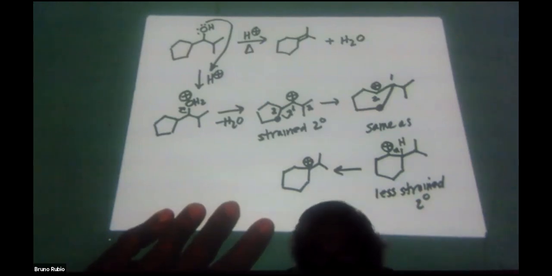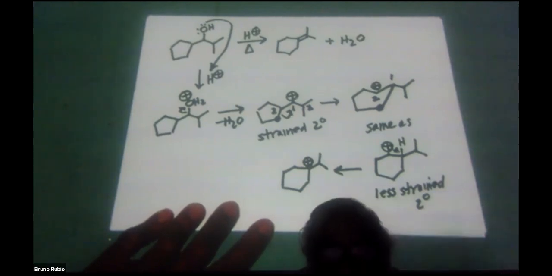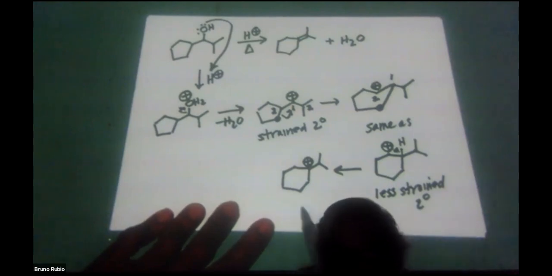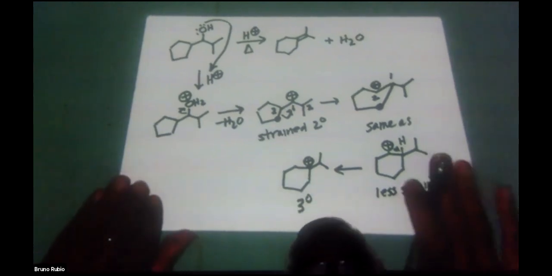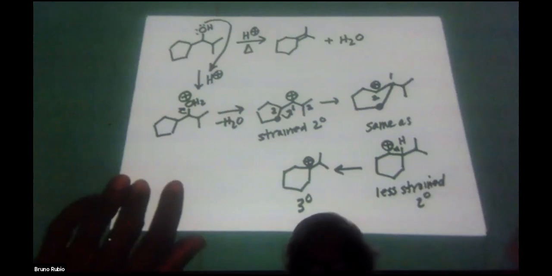So this is yet another carbocation rearrangement. And this one makes a lot of sense because we're going from a secondary ion to a tertiary ion. That's downhill in energy, so that's from less stable to more stable.